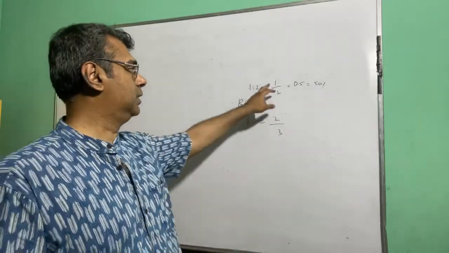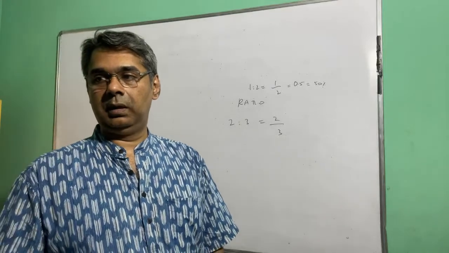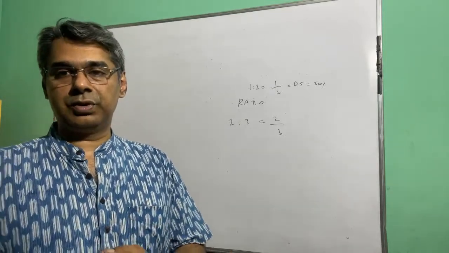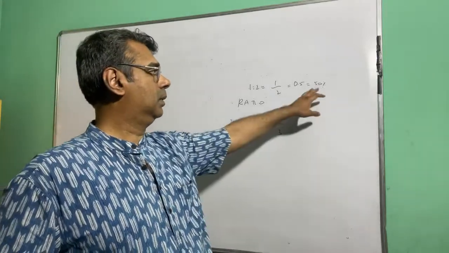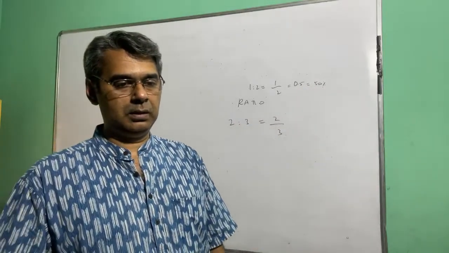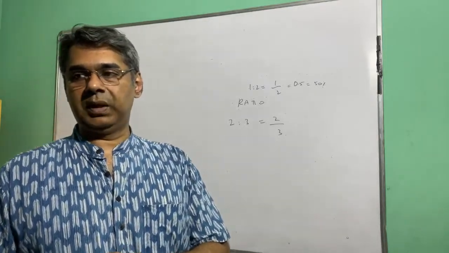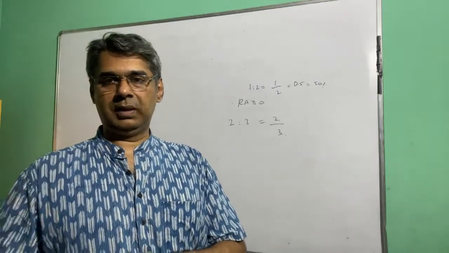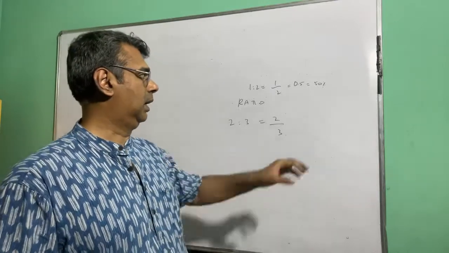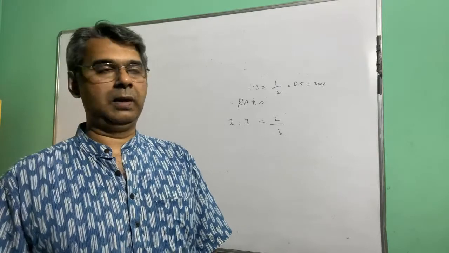So half is a fraction. Sometimes it is better if we use a decimal, so we say that a certain number is 0.5 times some other number, or that the man gave 50% of his property to his elder son. So sometimes we prefer that.